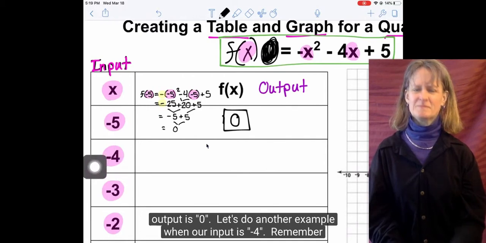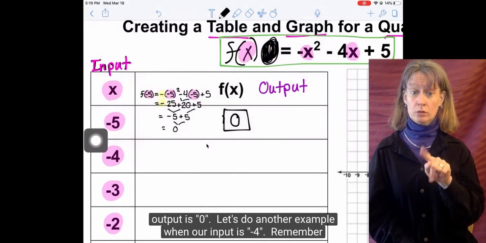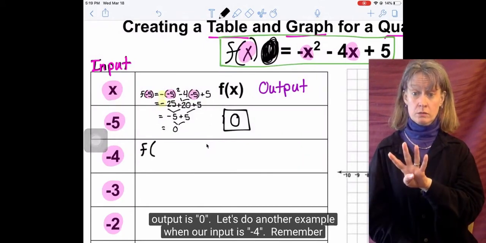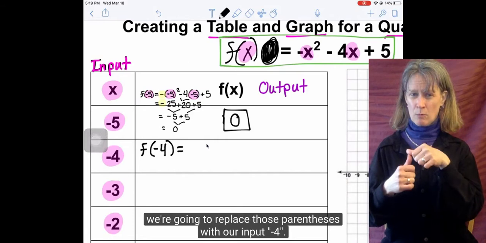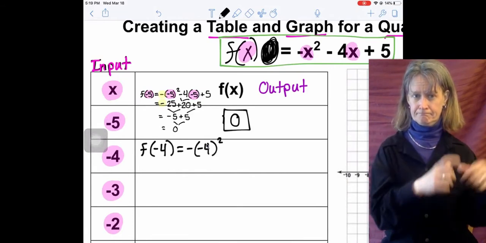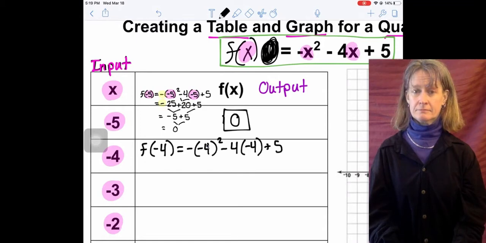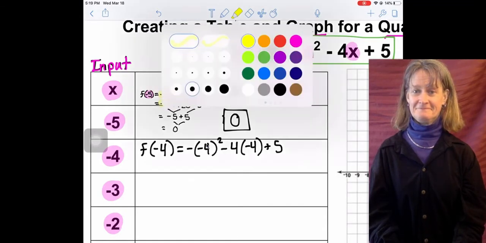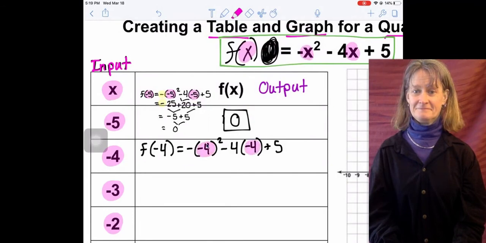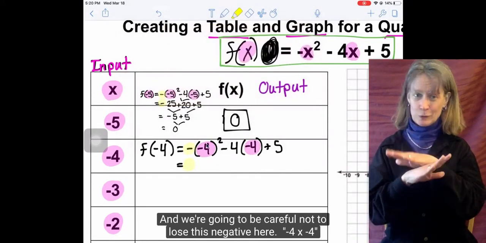Let's do another example when our input is negative 4. Remember, we're going to replace those parentheses with our input, negative 4. And we're going to be careful not to lose this negative here.